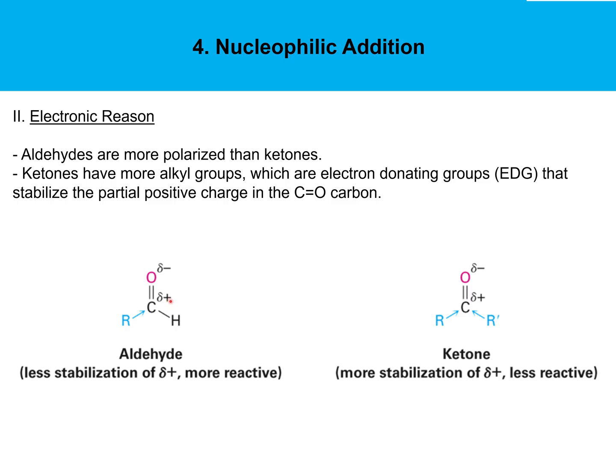Clearly, you can see that by the partial positive charge that it has. Compare that to a ketone, which has two alkyl groups that are electron donating, and so there will be less of a partial positive charge on this carbon of a ketone than the carbon of an aldehyde in the carbonyl.